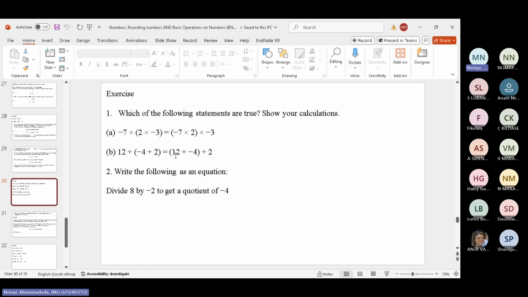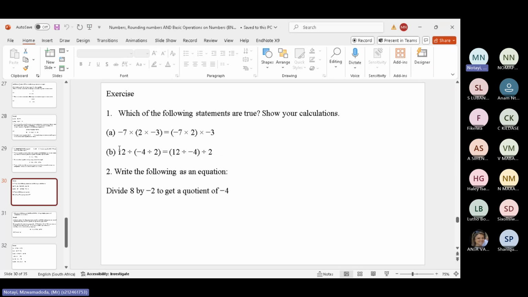The right hand side, 12 divided by -4, gives us -3. And then if you divide -3 by +2, you get -3/2, or -1,5. So the left hand side is not equal to the right hand side, which means that statement is false.